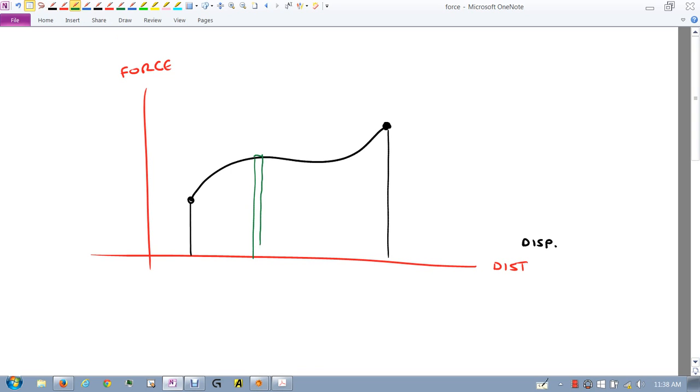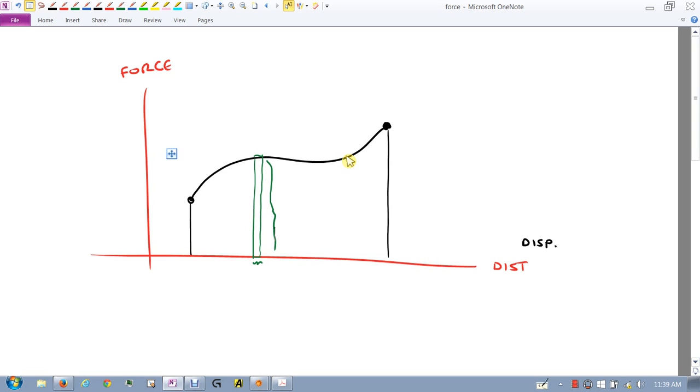This little rectangle, this area right here, gives you the multiplication of these two quantities. This is an infinitesimal width, which is an infinitesimal what? Displacement times what? A force. What's force times displacement? Work. Physics. Work is force times displacement. So if you take a displacement force curve and integrate it, find the area underneath, that would give you the total work done over the entire period of time, or through the displacement.